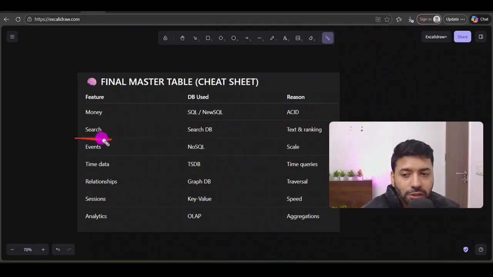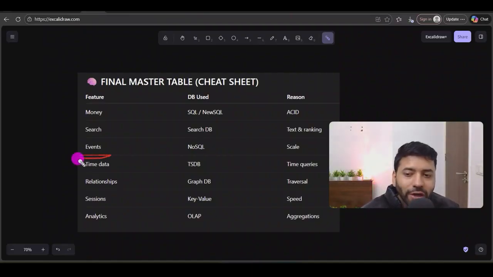Next, if we talk about the searching case, like if you want to search products, events, anything else, for that we use the search database because it provides support for partial search, fuzzy search, searching in the complete sentence, and much more, as it uses the inverted index approach and many other things that we discussed in search database.